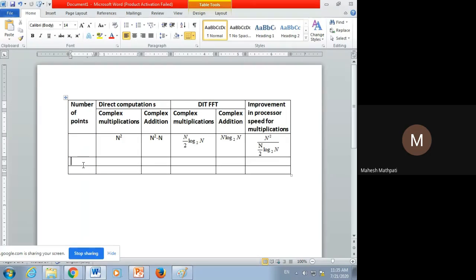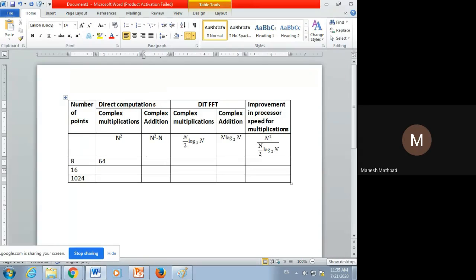If we have the value as 8, then what will we write for direct computation? The answer is 64. Equal. What about this part, n square minus n? We get 56. How much? 56.